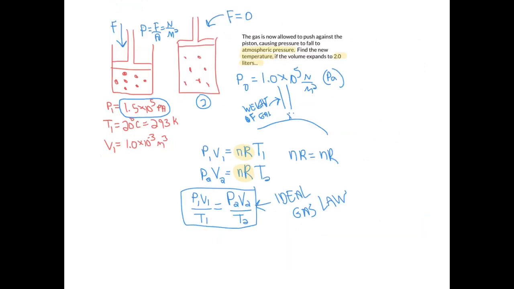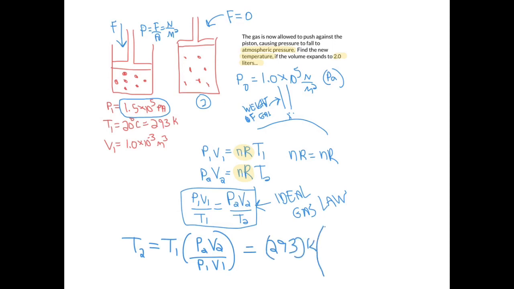Rearranging this for T2, which is what we're looking for, T2 is basically a multiplier of T1. So it's just T1 times P2 times V2 over P1 times V1. And so we can just plug and chug. Remember that pressure 2 is just atmospheric pressure, which is 1 times 10 to the 5th. We can just say pascals because the units are going to cancel.